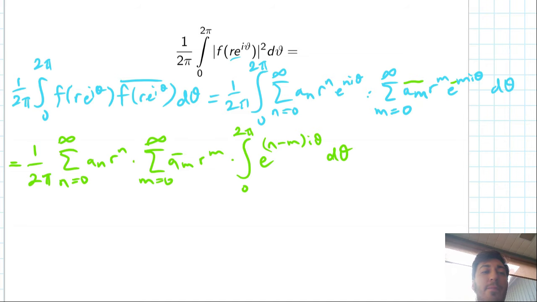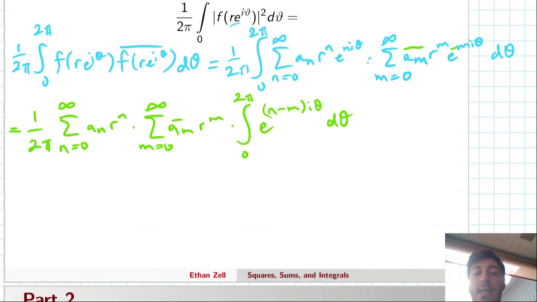And the way that we're going to do that is by looking at these terms here in the integrand. So we want to look at two cases, one where m is equal to n, and one where m is not equal to n.